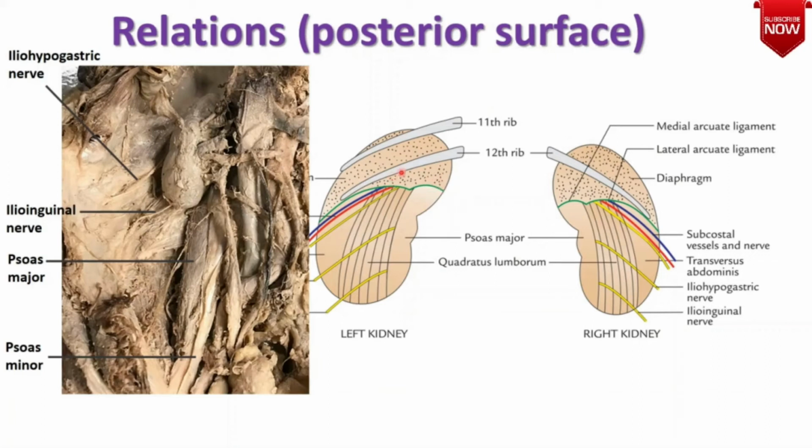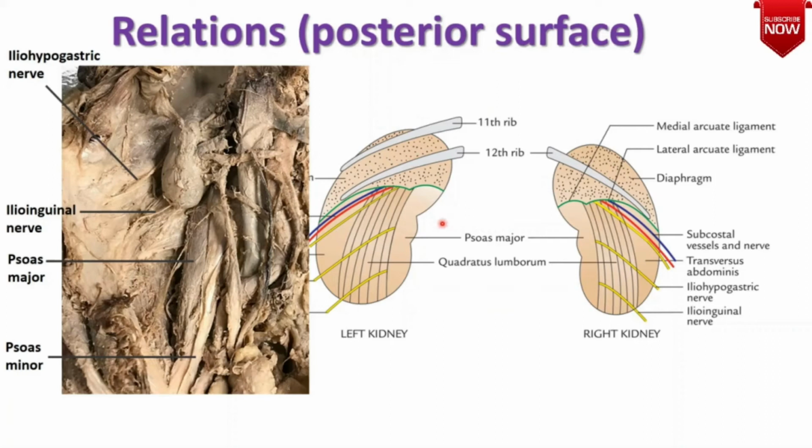There is also relation of diaphragm taking origin from the medial and lateral arcuate ligament. Here you can appreciate the medial and lateral arcuate ligament. Between the diaphragm and ribs, there is a costodiaphragmatic recess of the pleura. So, from outward to inward, there is ribs, intercostal space, then costodiaphragmatic recess of pleura, and then the diaphragm.